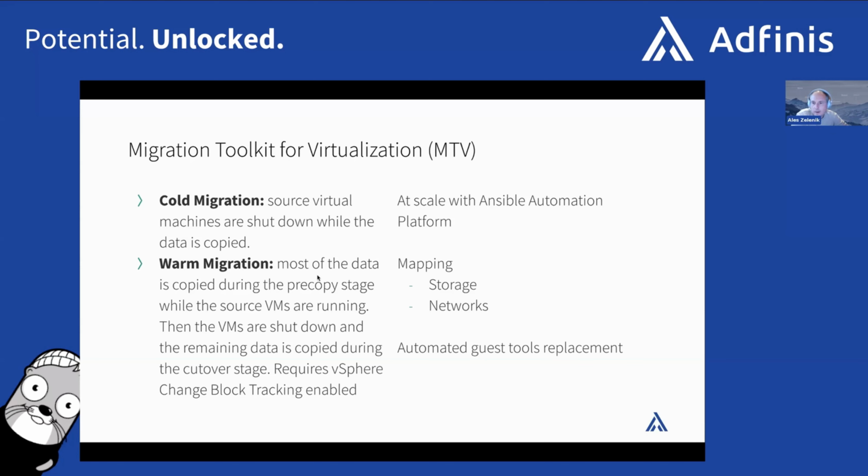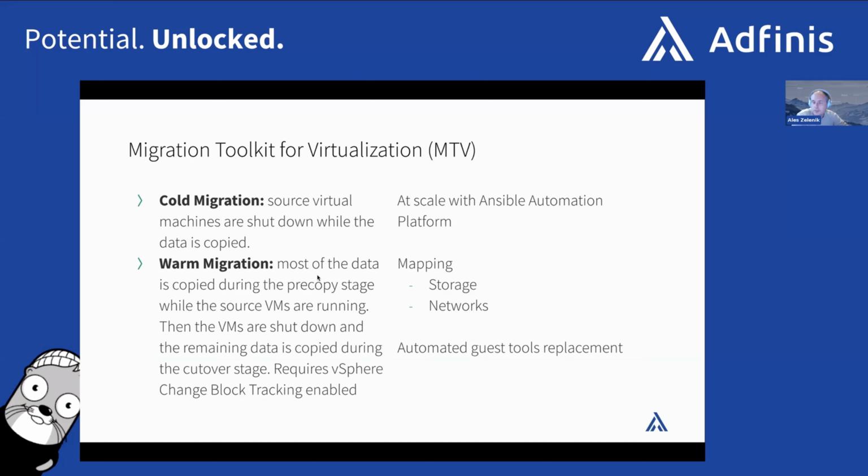What it also does, you're required to define mappings because the data needs to be moved from one storage to another. You may have multiple types of storage that you expose on OpenShift, for example, something with multiple replication options or higher performance tiers, things like that.